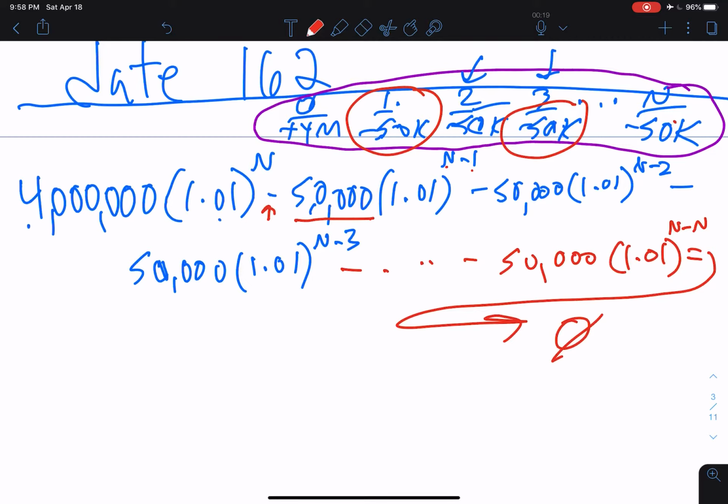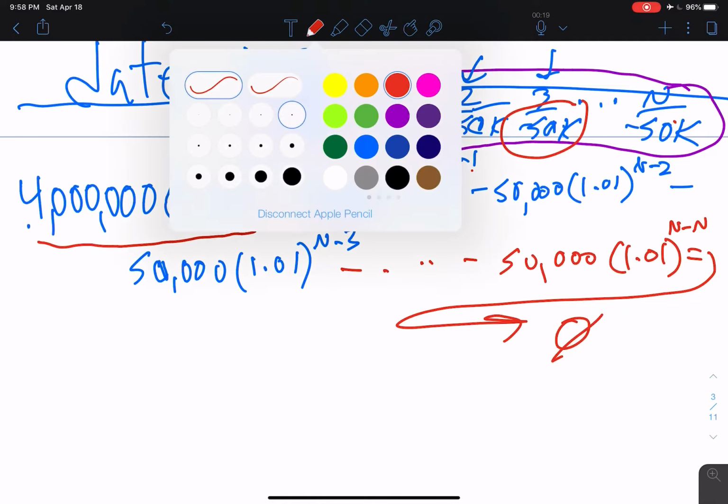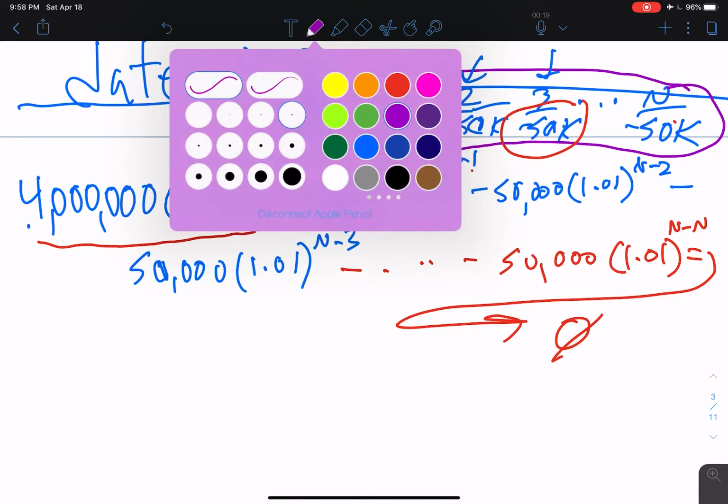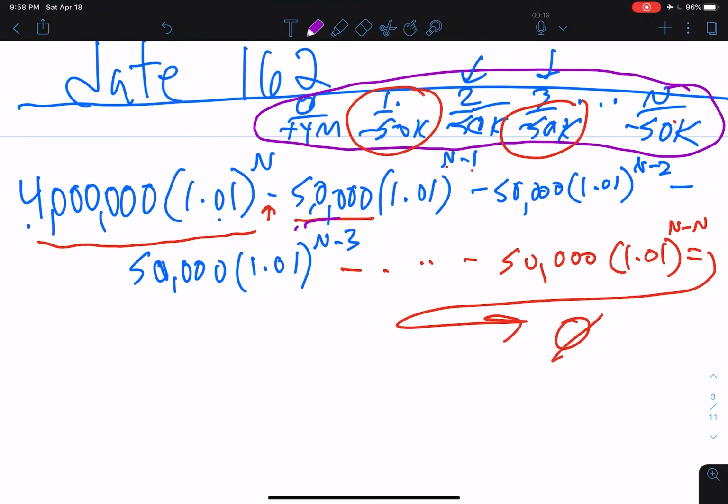It's kind of realistic. 4 million, pretending it earns interest at 1% a month for n months, and then adjusting for the reality of the circumstance. Here, and here, and here, and everything in here, and then here. And that's got to equal 0. Okay, and we're pretending n is an integer. We know it's almost impossible for it to be an integer, highly unlikely, but it's okay to model it like this. So that's what we're doing.